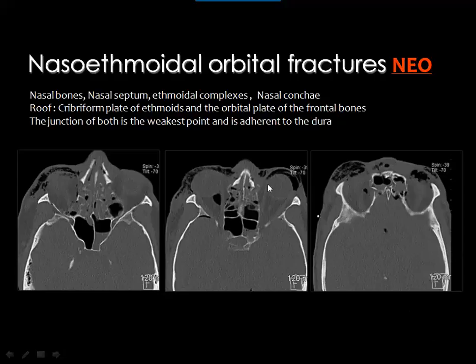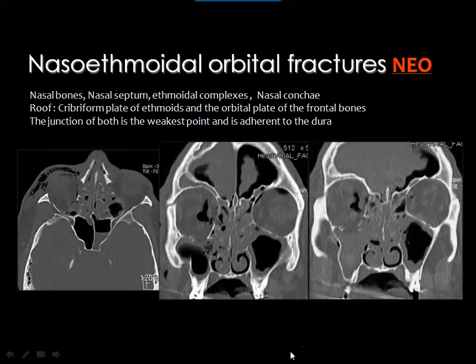Then if you see orbital emphysema, you should think that the origin of this emphysema is from the ethmoidal air cells, and that's to say there should be comminution of the ethmoidal bony margin or the lamina papyracea, the medial orbital wall, as you can also see here.